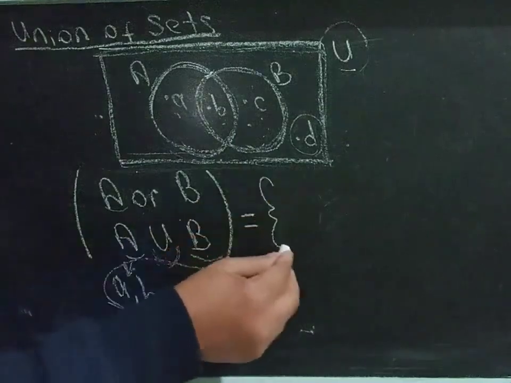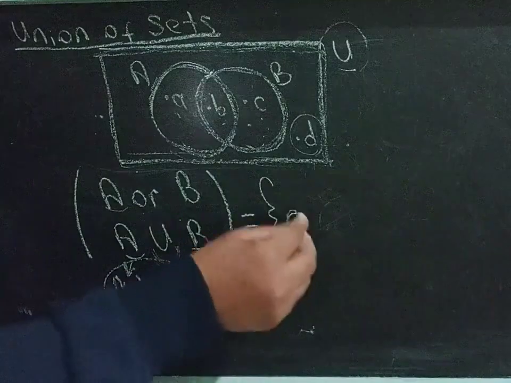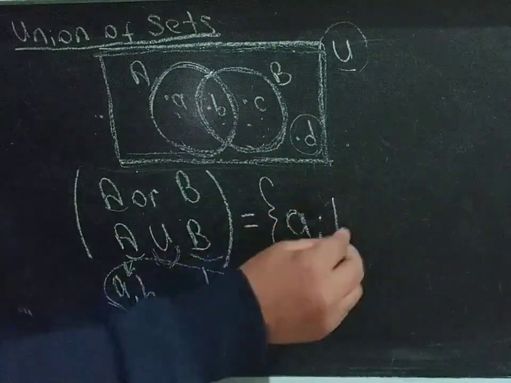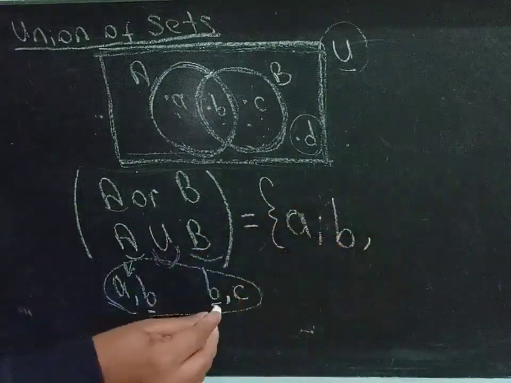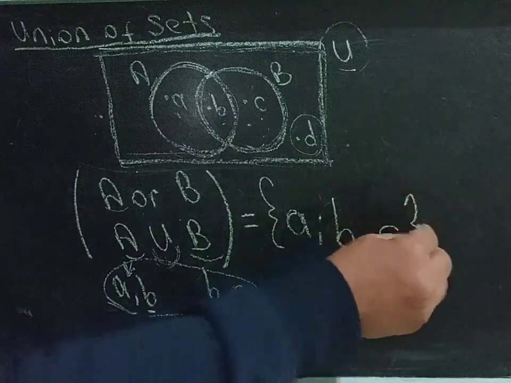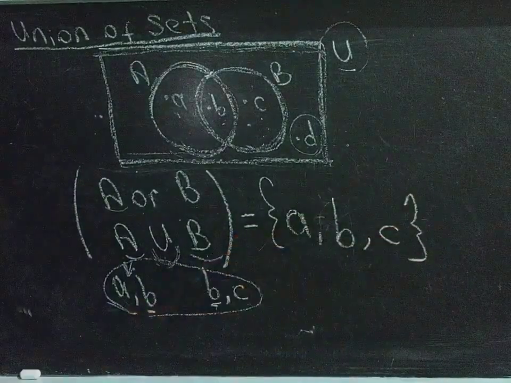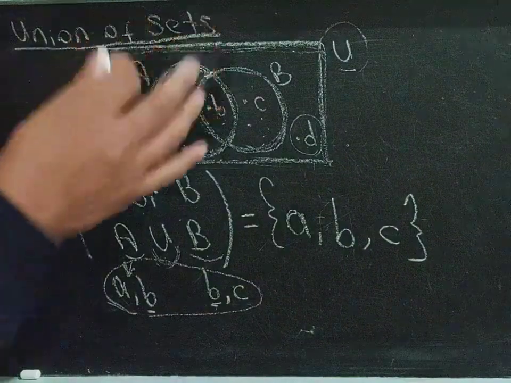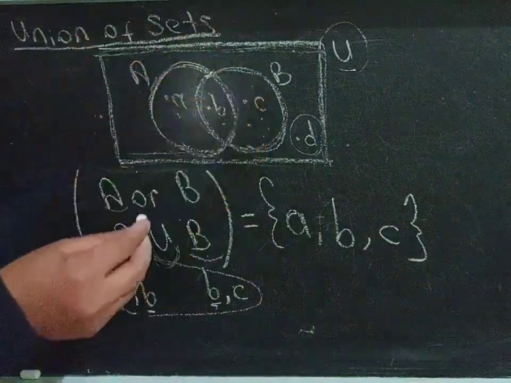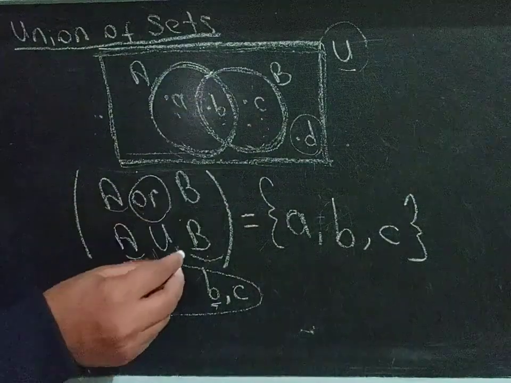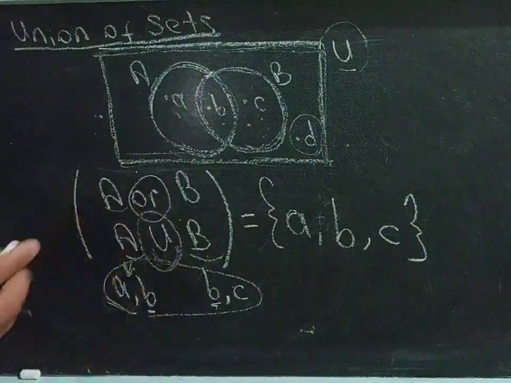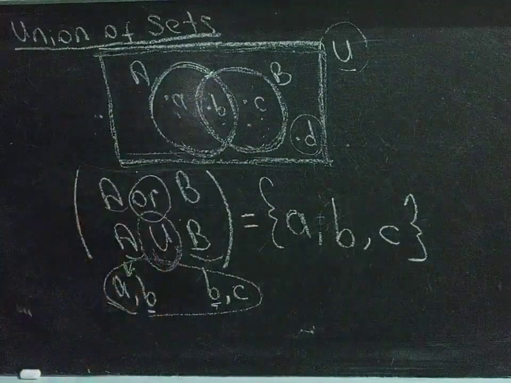That will be A, B, and there is a B again, C. See, I didn't write the B twice. So basically you will write all elements under A and B when you see or this symbol U.